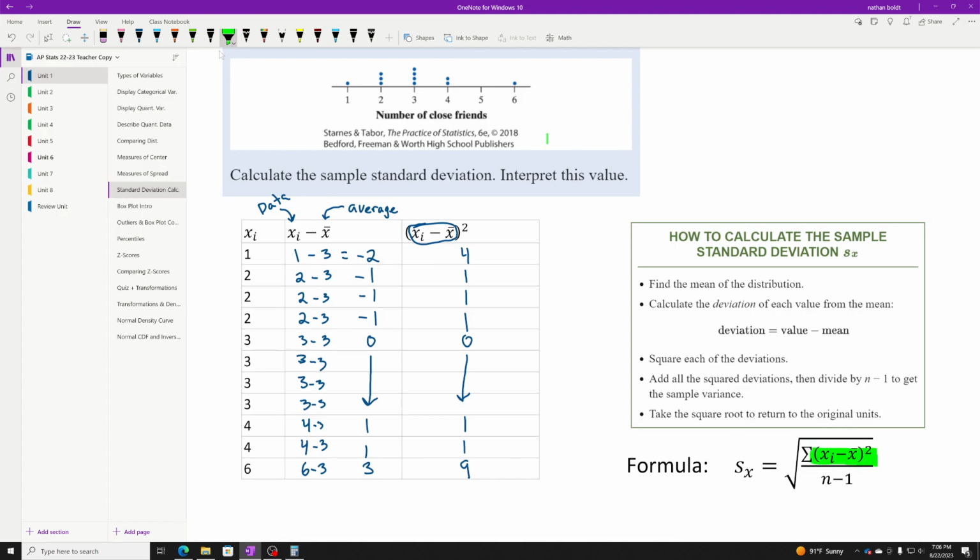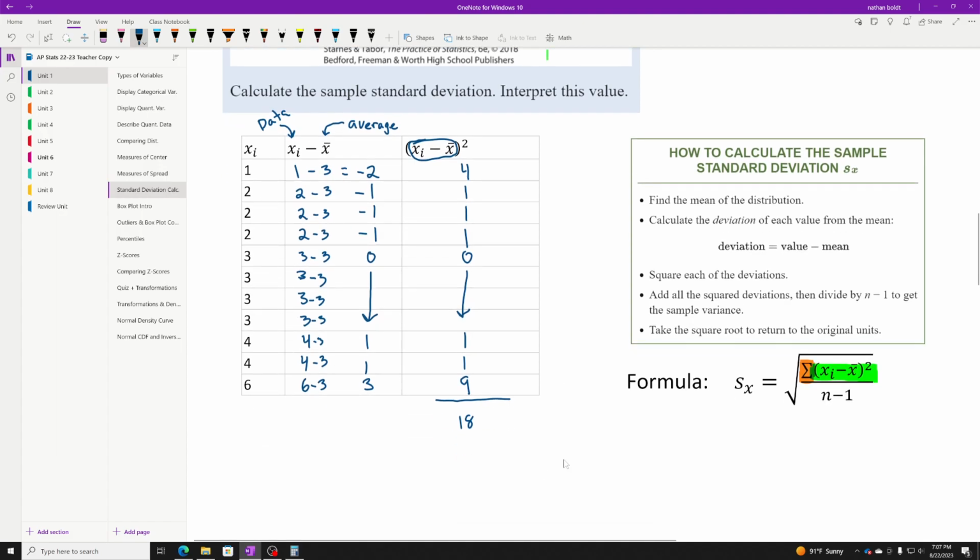All right, what we got to do now is this part. We're going to add them all up. That's what that symbol means, sum. Add them all up. So 4, 5, 6, 7, 0, 0, 0, 0, 0, 0, 0, 8, 9, and 9 makes 18.